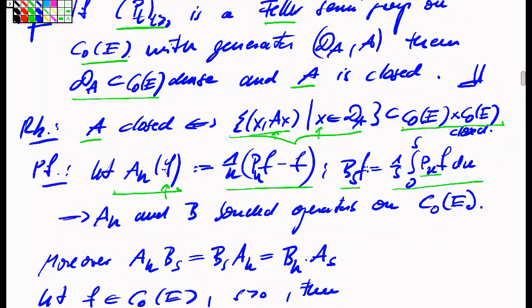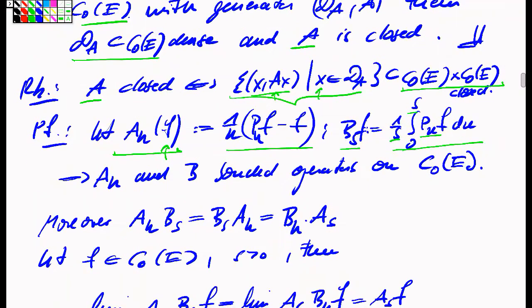We integrate the operation of the semigroup with respect to the time parameter on the interval from 0 to s, and we divide the whole thing by the length of this interval. That's another operator we might define by using the semigroup P.